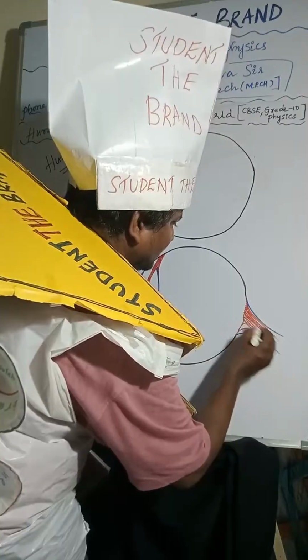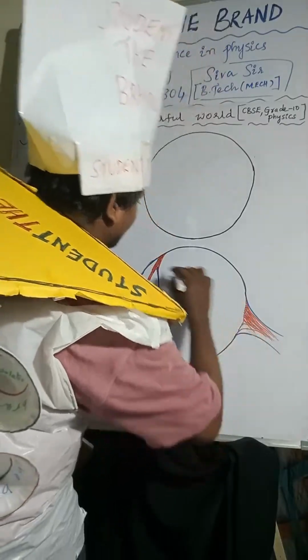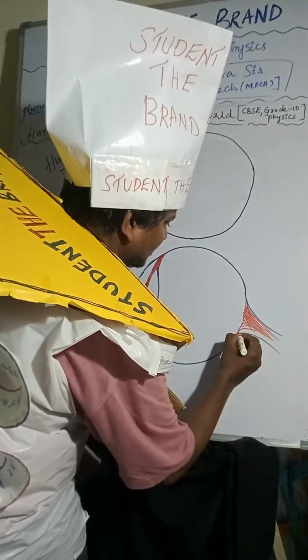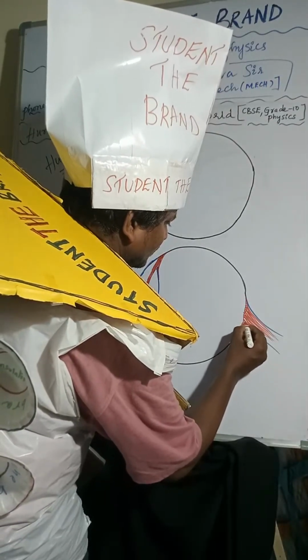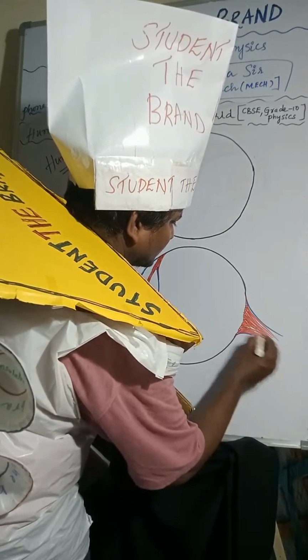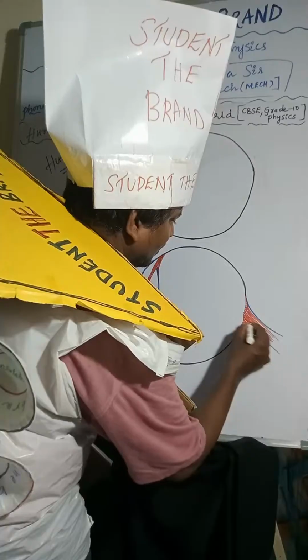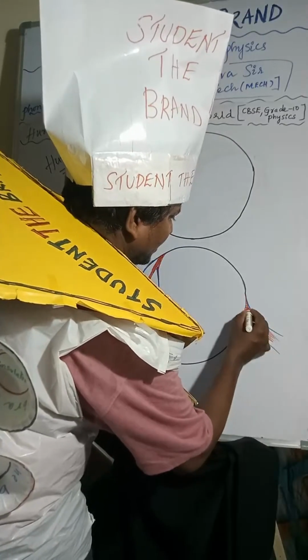Sorry, optic nerves, right? Ciliary muscles are here. These are the optic nerves. So the nerves reach to the brain.